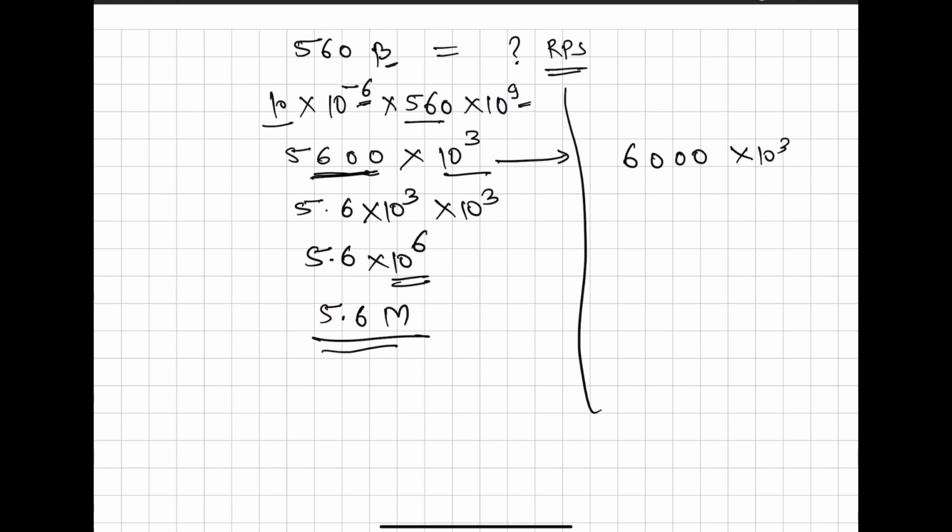Then this becomes 6 into 10 to the power 3, and we note down this 10 to the power 3 here. It will be 6 into 10 to the power 6, which is 6 million. Since these calculations are approximate, we can always upscale them, so this will become our answer.